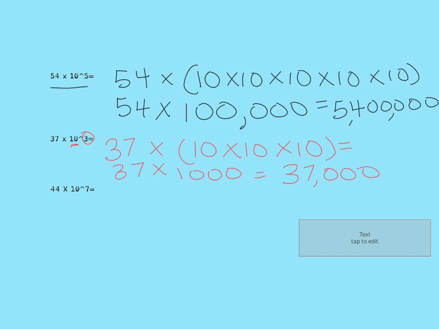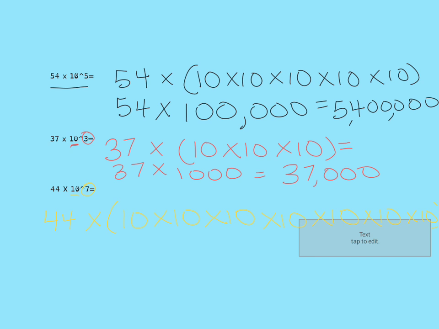Finally, we're going to get to our last problem, 44 times 10 to the power of 7. Once again, 44 times, and we look at our base number, 10, and we look at the exponent, 7, and we know how many times we're going to multiply that 7. 10 times 10 times 10 times 10 times 10 times 10. 1, 2, 3, 4, 5, 6, oops, one more, times 10.